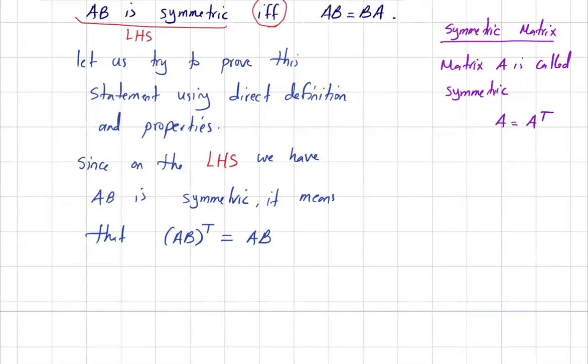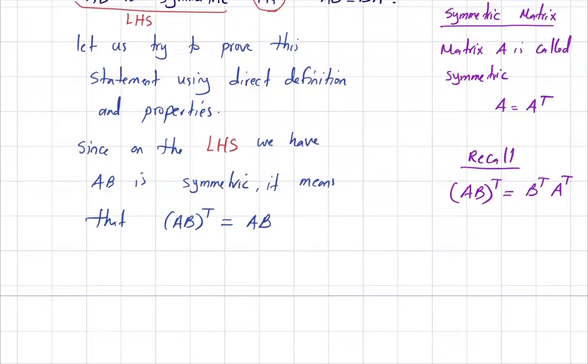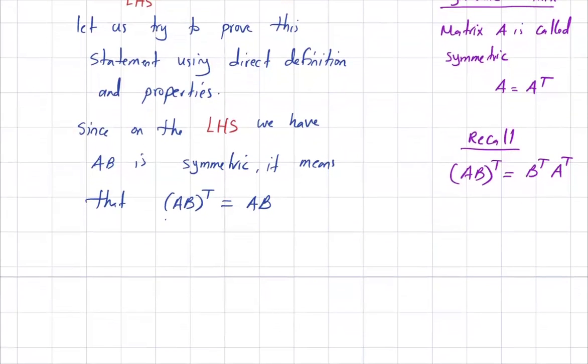Also recall the properties of the transpose. Recall that AB transpose is equal to the transpose of B times the transpose of A. So we're going to use this property as well. On the left-hand side, you end up with B transpose times A transpose.